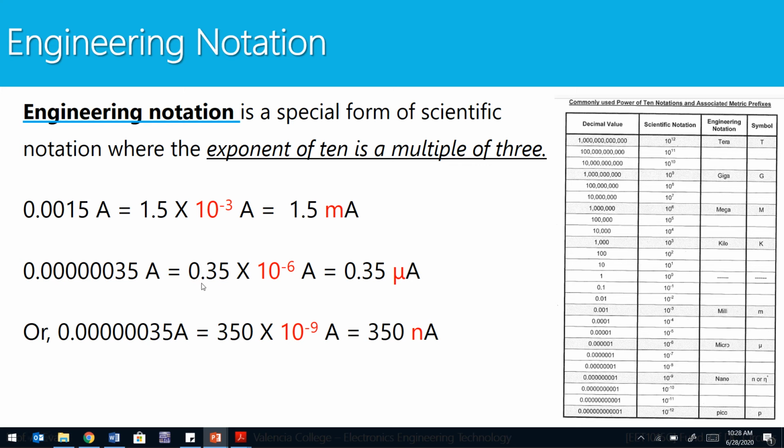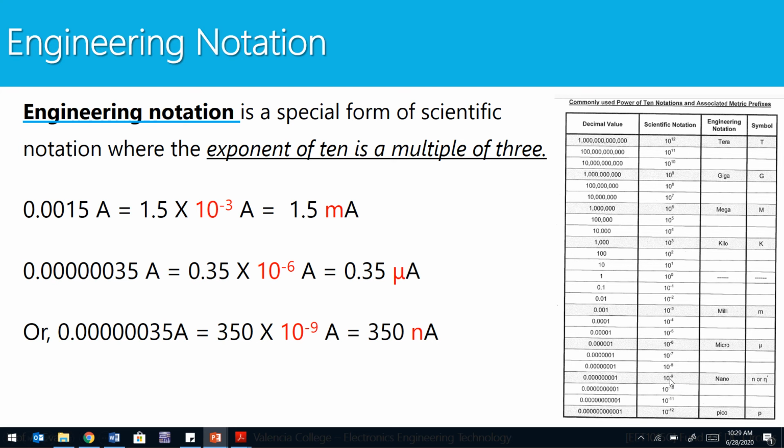So if you move the decimal point 6 spaces, you have 0.35 times 10 to the negative 6, and that negative 6 gets replaced with the prefix micro, which is represented by the Greek letter mu. That's a U with a little tail on the left-hand side. That's a mu. So 0.35 microamps. Or if you decide to move the decimal point 9 spaces, you end up with 350 times 10 to the negative 9.